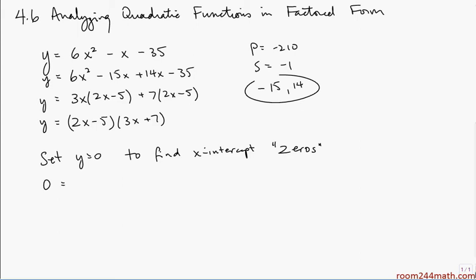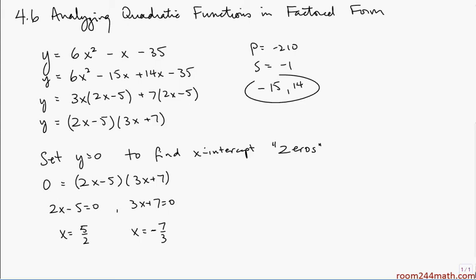So if we let y equal 0, and we've already got it in factored form, then it's very easy to find the zeros. Either that first factor, 2x minus 5, is 0, or the second factor, 3x plus 7, is 0. In the first case, that would mean that x was equal to 5 over 2, 2.5. In the second case, that would mean x was equal to negative 7 over 3, negative 2 1/3.